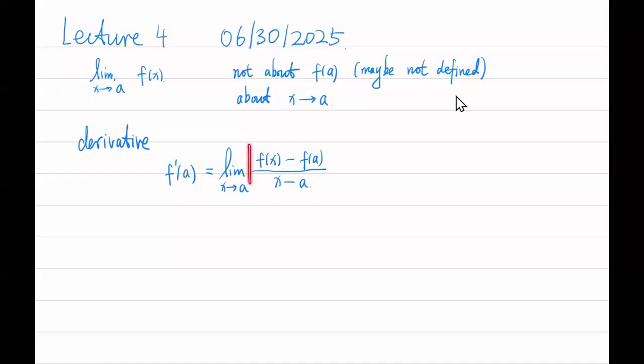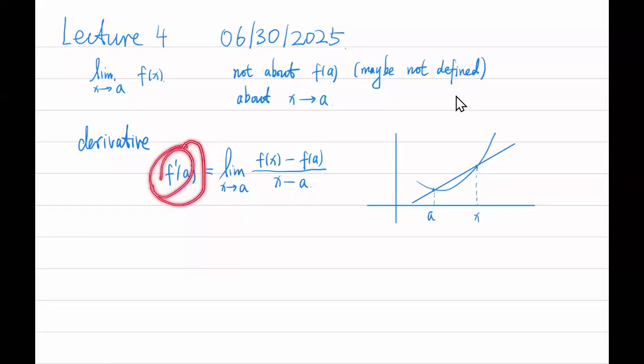For a given X, this increment on the Y variable, increment on the X variable, the ratio will be the slope of the lines. Okay. So we find the derivative of the function at A.